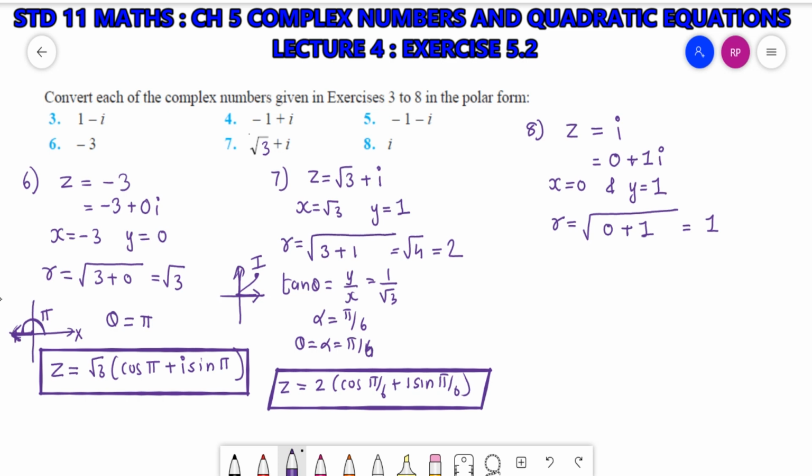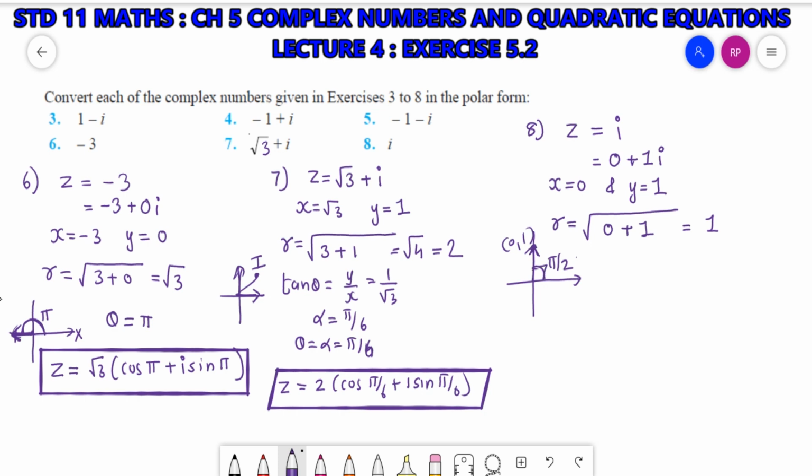Okay. So now theta. Now when I plot it on the graph, x is 0 and y is 1, so it will be this way. So now what is the angle it is making with the positive x-axis? Pi by 2. See, when any one of the components, that is either x or y, is 0, no need to use tan theta. Just plot it on the graph and find out the angle. x 0, y 1, so this will be the 0, 1 complex number.